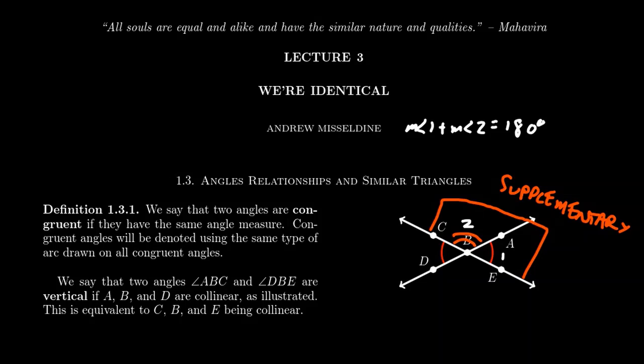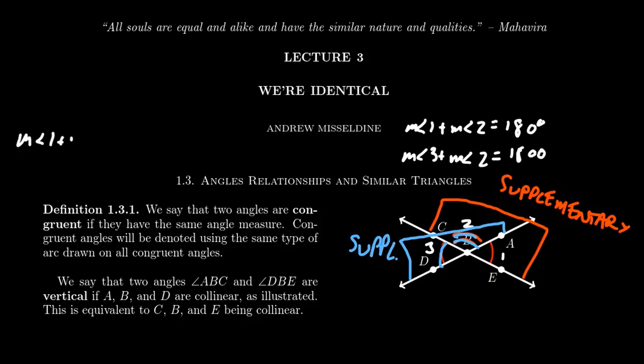But from a different perspective, if you take angle DBC and you take angle ABC, these angles together are also supplementary angles. If we call this new angle DBC angle 3, this tells us that the measure of angle 3 plus the measure of angle 2 is equal to 180 degrees. In particular, the measure of angle 1 plus the measure of angle 2 is equal to the measure of angle 3 plus the measure of angle 2.